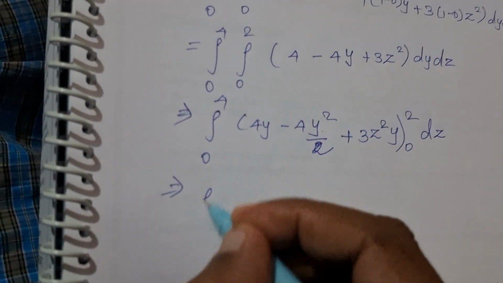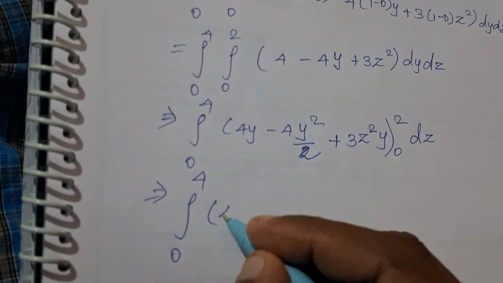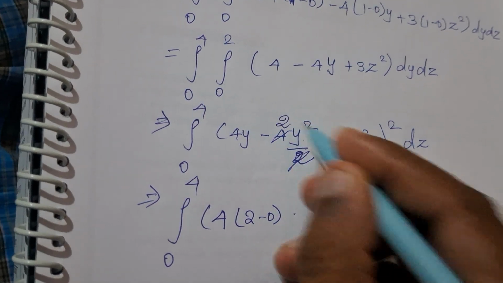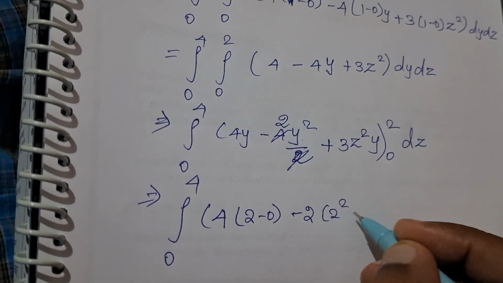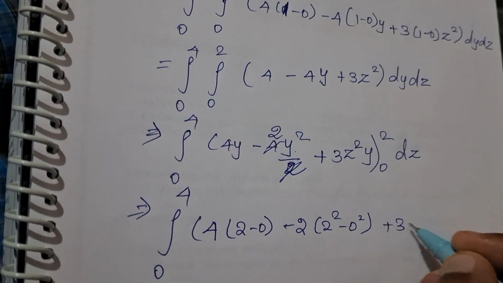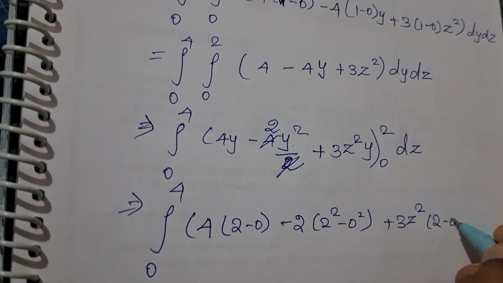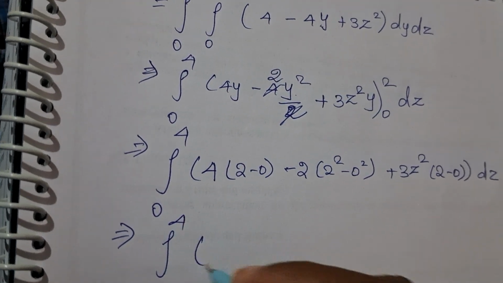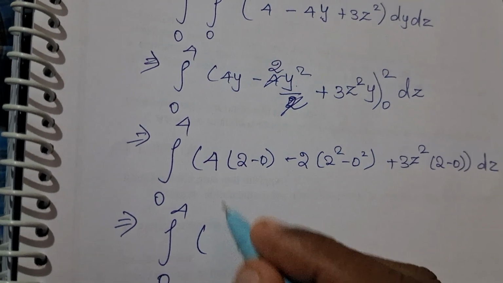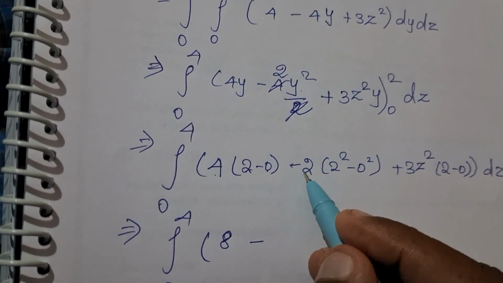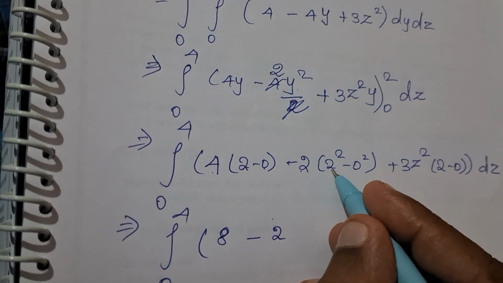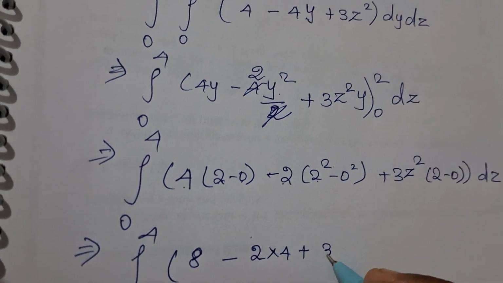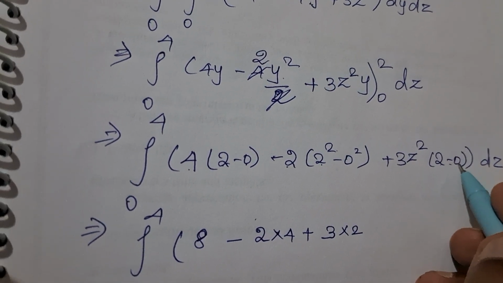Applying the limits: 4 times (2 minus 0), minus 2 times (2 square minus 0 square), plus 3z square times (2 minus 0), dz. So 4 into 2 is 8, minus 2 into 4 is 8, which cancel, leaving 3 into 2, that is 6z square dz.